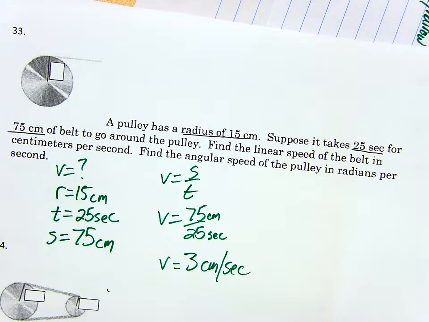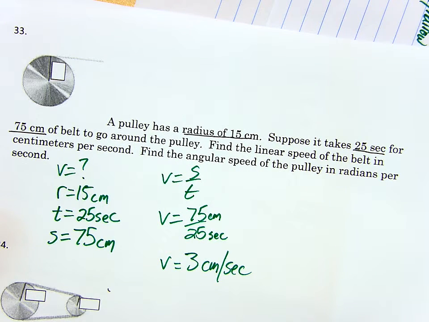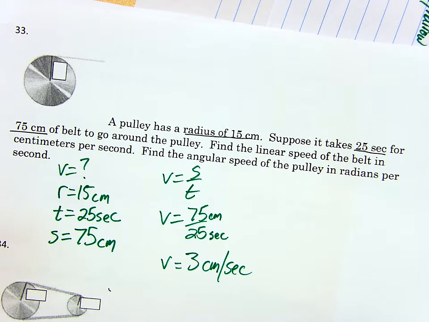So if you are going to zip 75 centimeters of belt in 25 seconds, it's going to move at a speed of 3 centimeters per second.